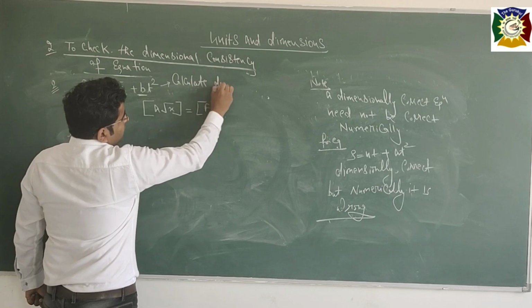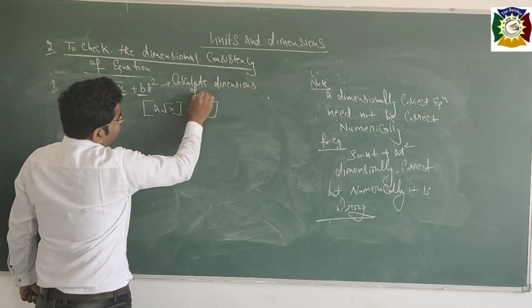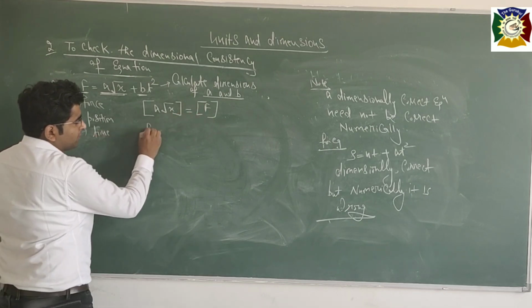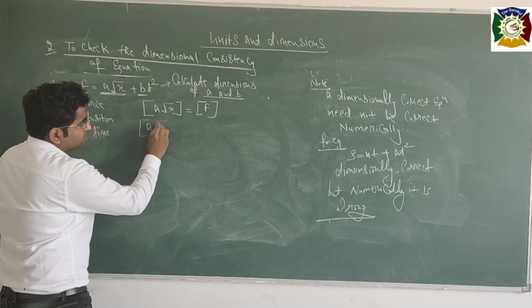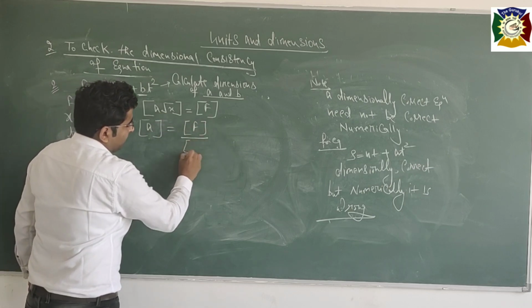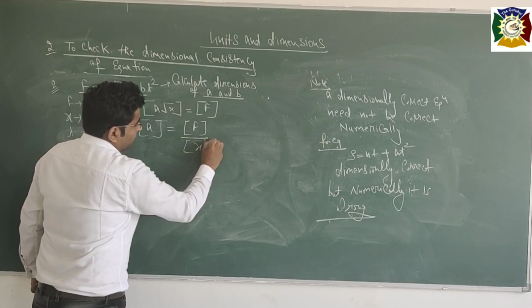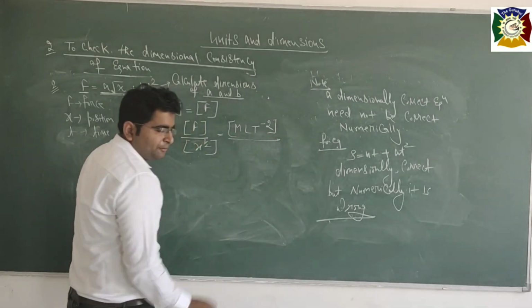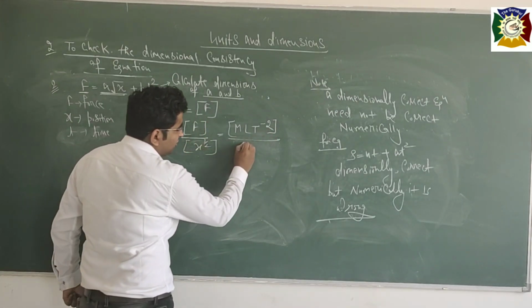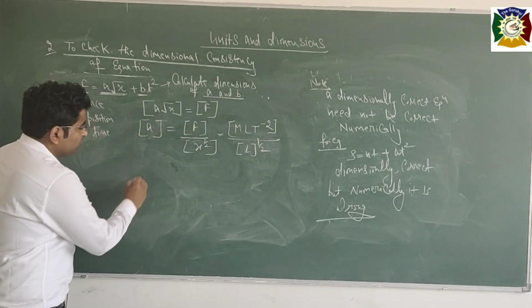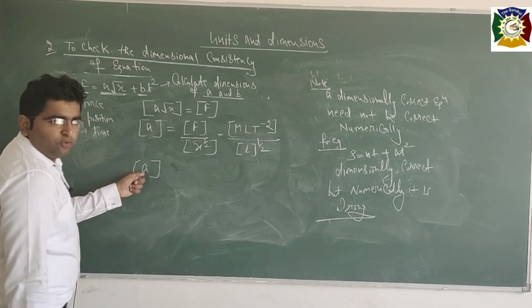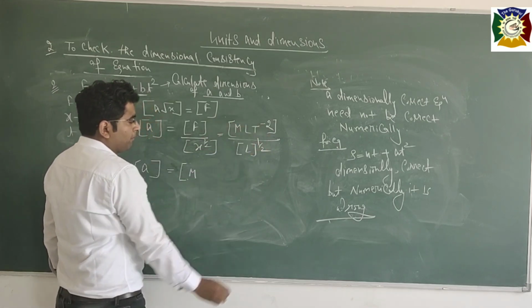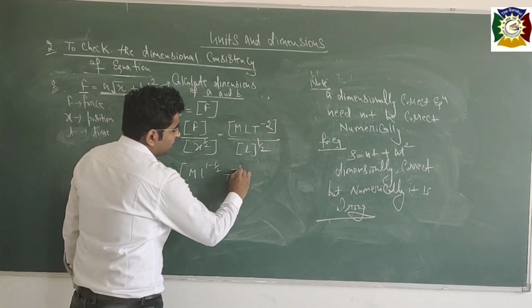Calculate dimensions of a and b. Okay, now we know the dimension of force. a under root x, we can write it as F. What is the dimension of force? M L T minus 2. Clear? Okay, under root x, the dimension of x is L, so it will be L power 1/2. So the dimension of a is equal to M power 1, L power 1 minus 1/2, T power minus 2.